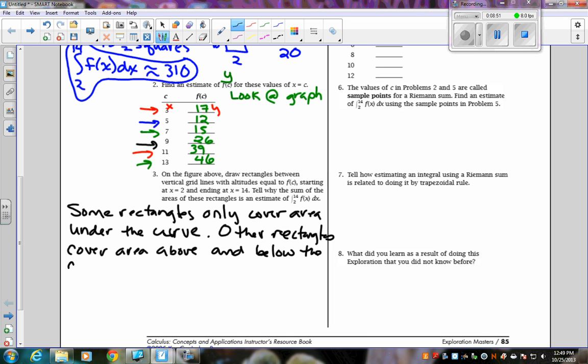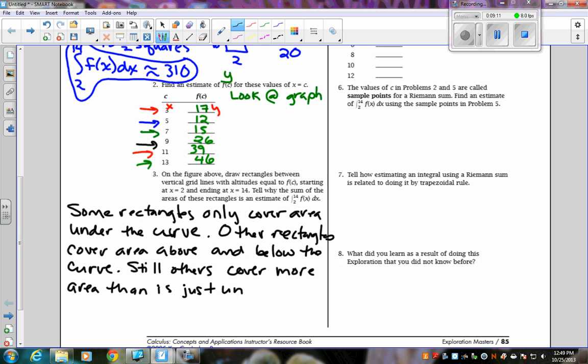And those are the ones we were talking about. Hopefully they balance each other out. And then still other rectangles cover more area than is just under the curve. So this should be a good estimate because we should balance out the overestimates and the underestimates.